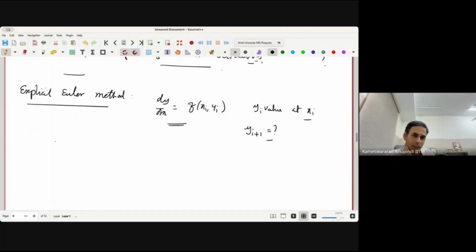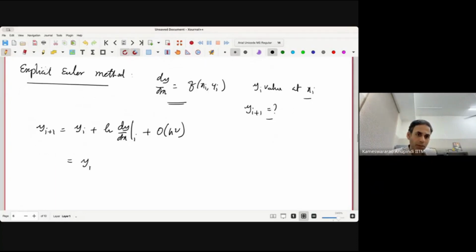In the Euler explicit method, you can think of it as coming from the Taylor series method itself, but we truncate the Taylor series at the second order accuracy. That means we write yi plus 1 as yi plus h times dy by dx at i plus order h square. From the governing equation, dy by dx at i is nothing but f of xi, yi, plus order h square.